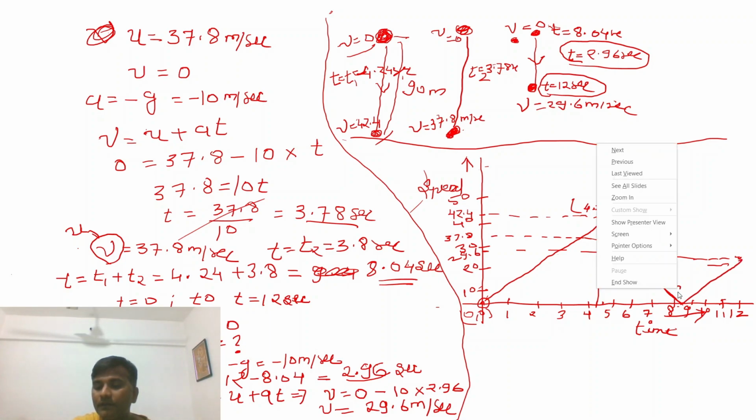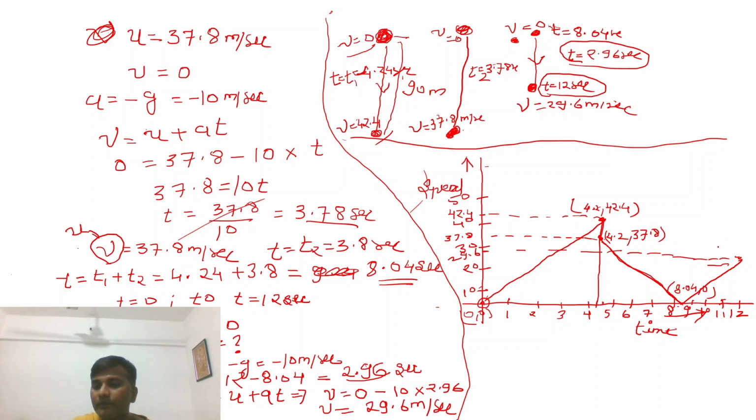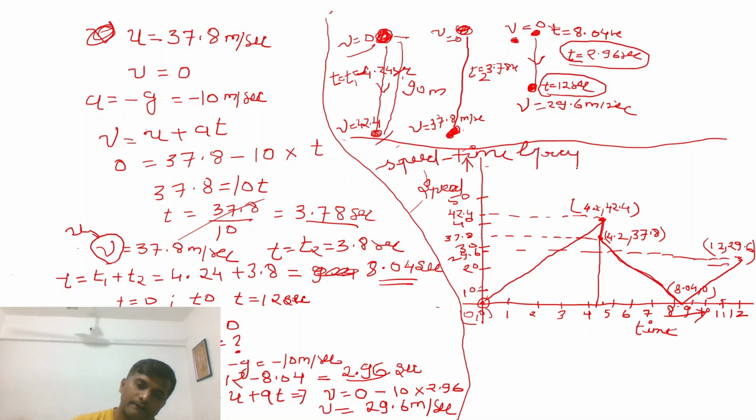Not 0, sorry, 8.04, 0. And this point here, 12, 29.6. So this is the graph, right? This is the speed time graph.